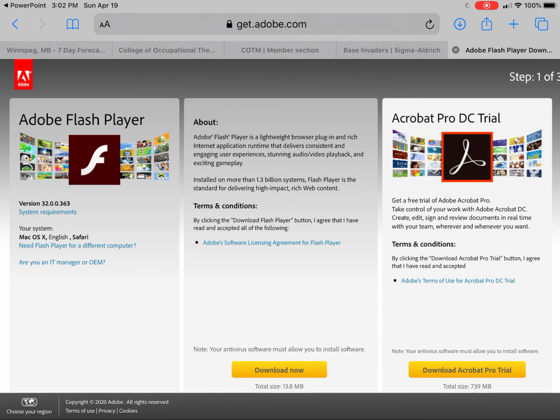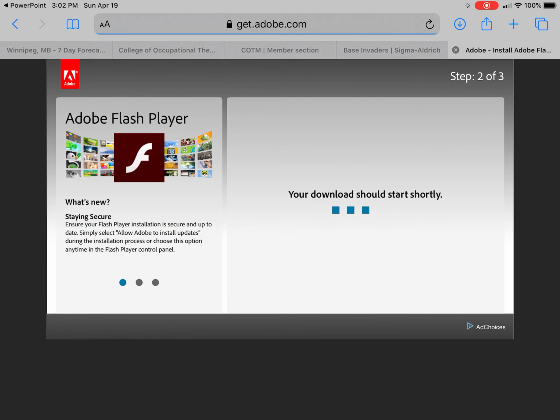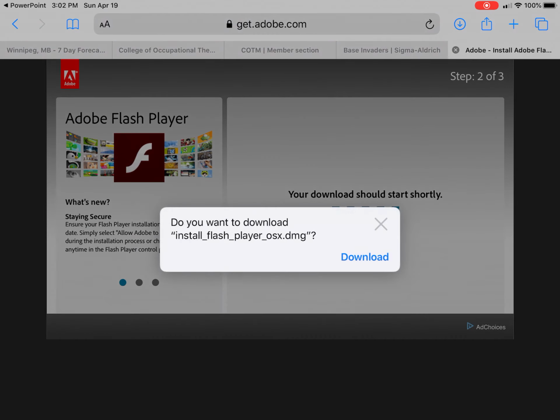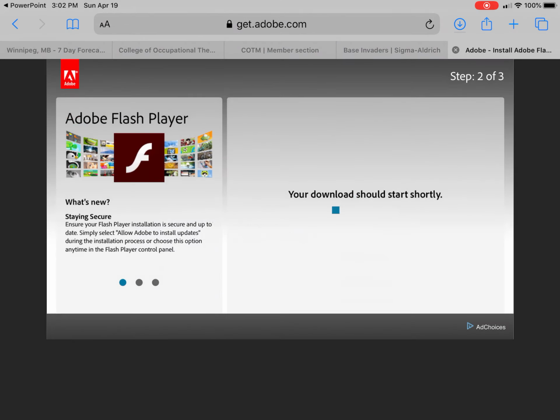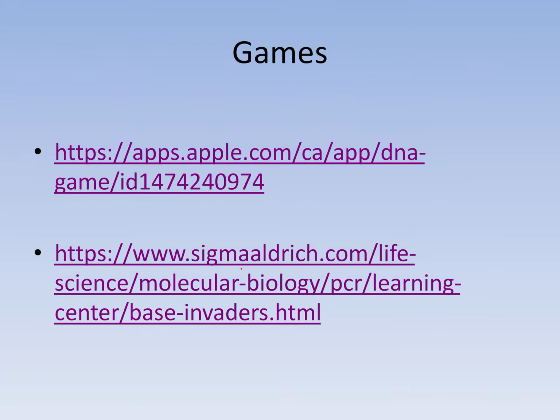Oh shoot! Apparently I didn't check this first. Okay, well, you need the Flash player to do this, which I have on my desktop, so I should have done that first. We're going to worry about that later.